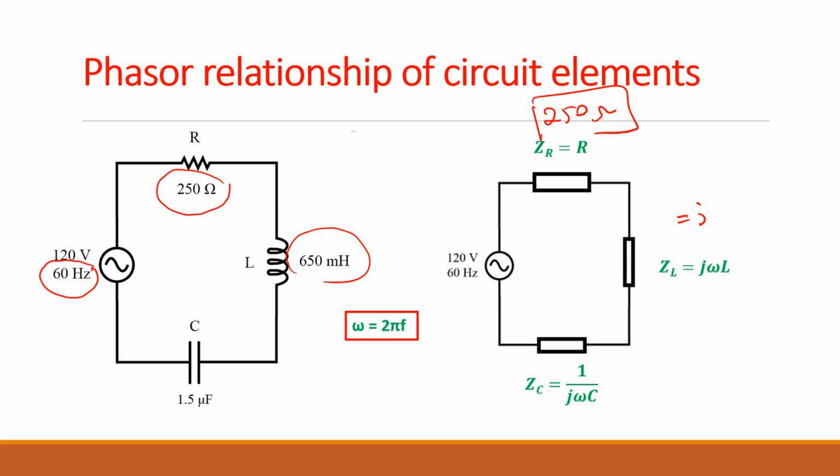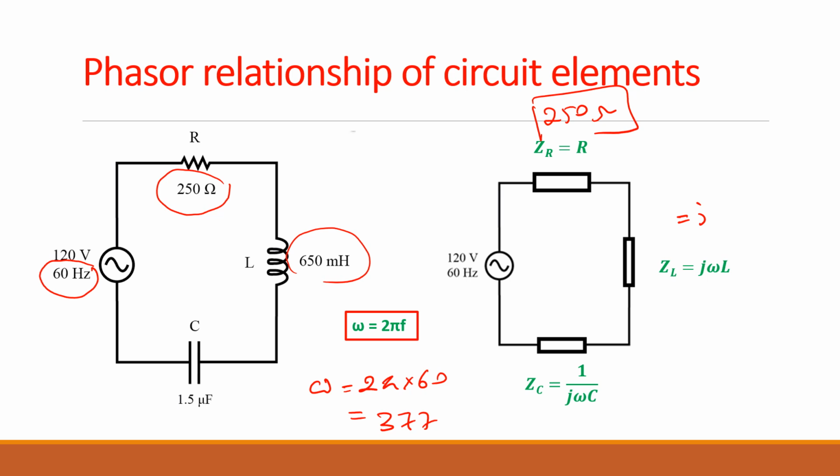Omega is 2 pi times 60. When you put this in the calculator, what do you get? 377. Okay, so that is your omega.